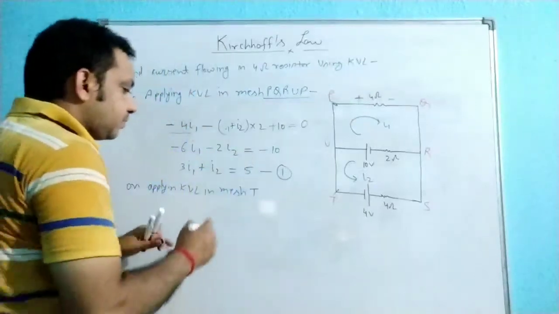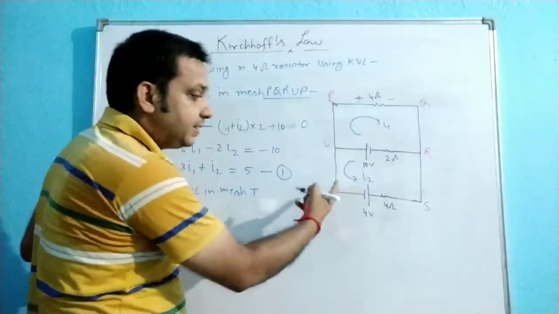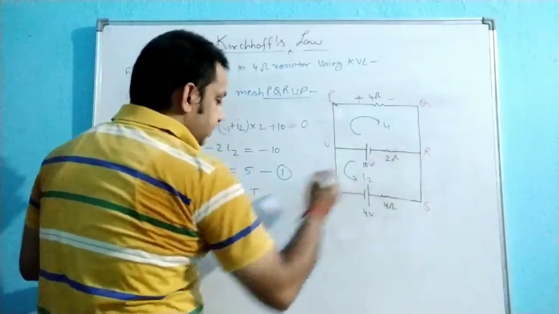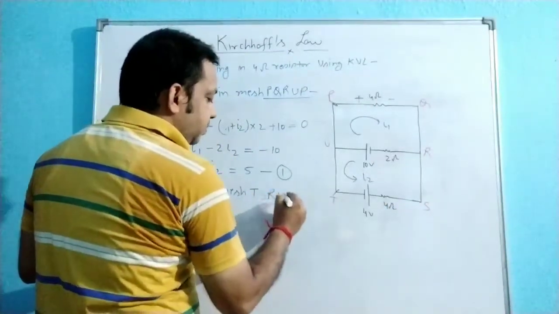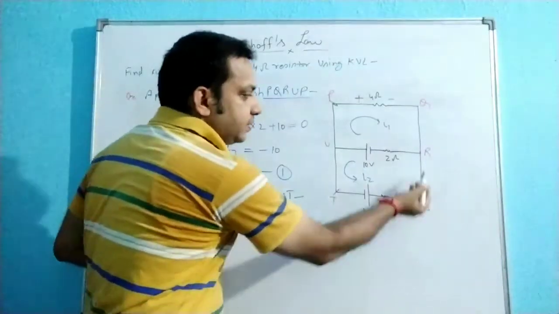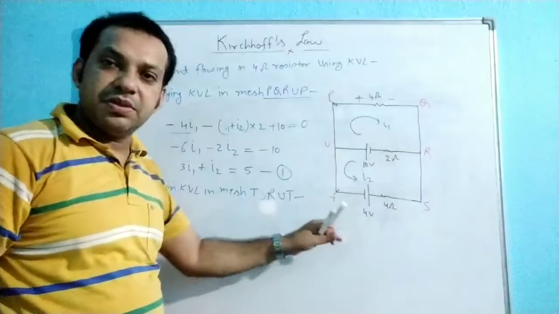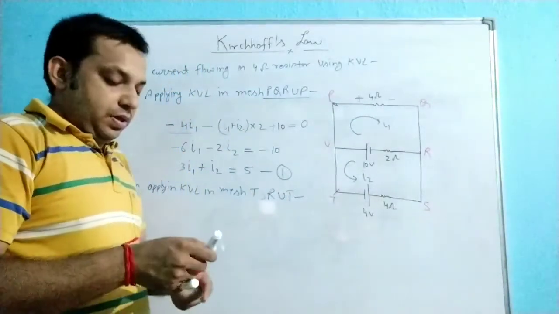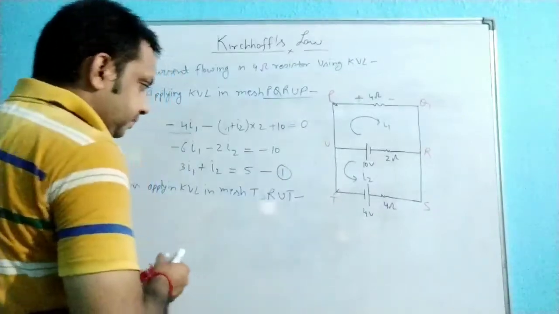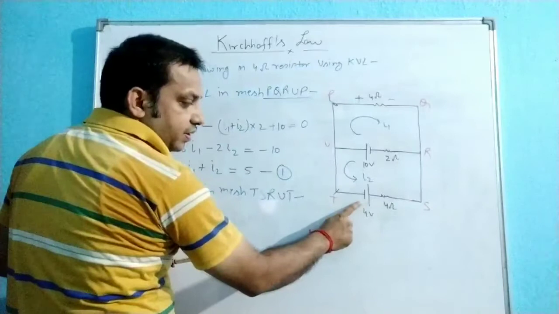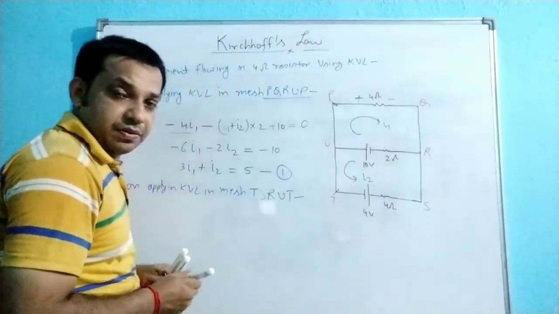Just see. So I am taking the mesh in the direction of the assumed current. So I am taking T, S, R, U, T. That means start from the T, S, R, U, T. We start from the T and will end on the T. Just note down the values. So when you move from T, just see here, this is negative to positive.